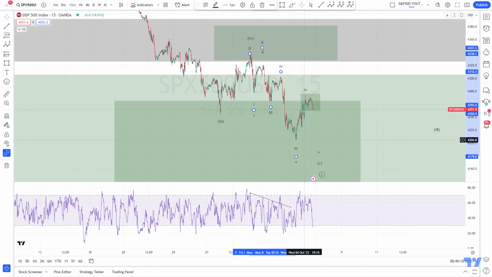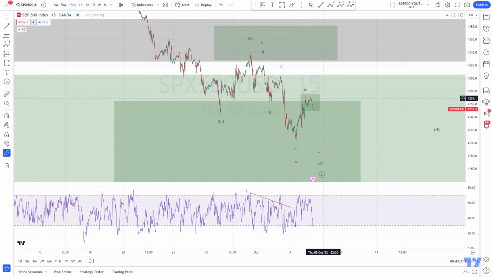The low could be in here. Then we have 1 2 3 4 5. This is a possibility. Now, it could also be that it plays out like here in green: 1 2 3 4 and 5, and then here this was the wave 4 area.